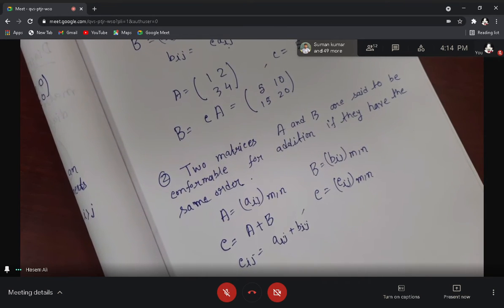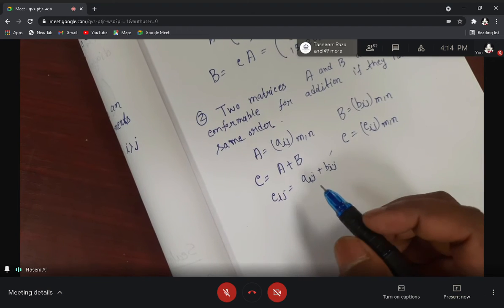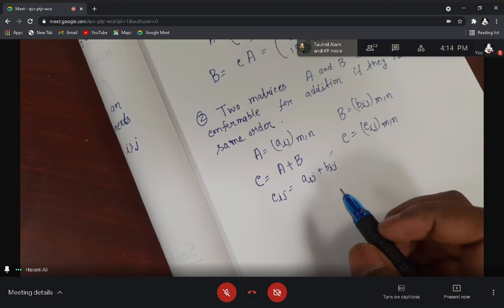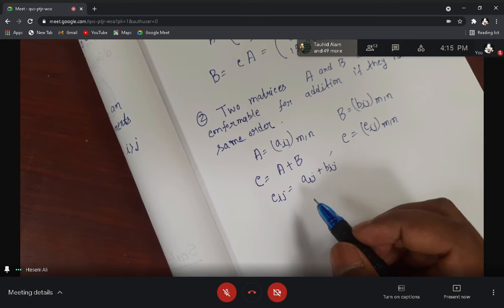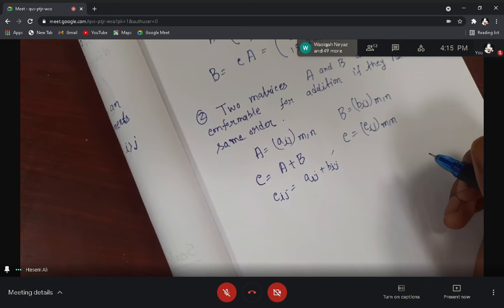That means the addition of corresponding elements. Addition of two matrices means addition of their corresponding elements.